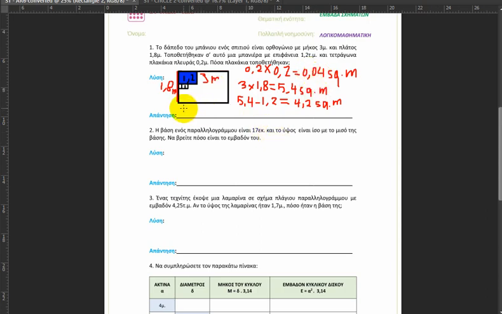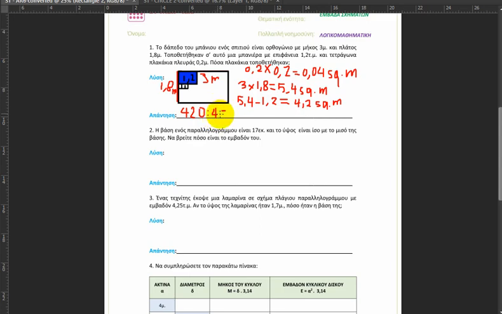So we need to do, and this is the final one, 4.2 divided by 0.04, which I can rewrite as 420 divided by 4.